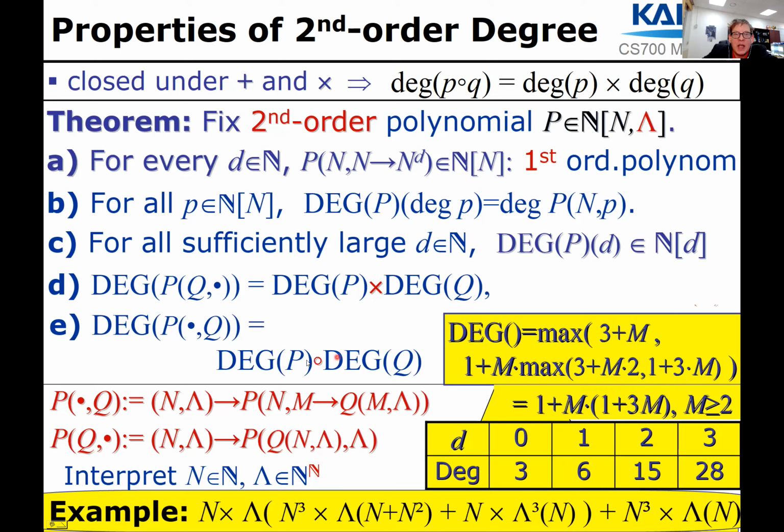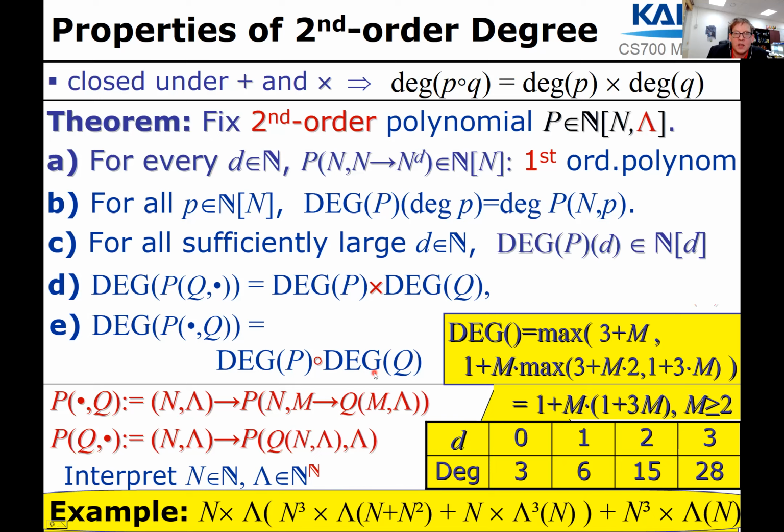Then the degree actually becomes not the product of the original degrees, but the composition of the degrees, which is kind of surprising. But let me remind you that the second order degrees are first order polynomials, and we know what it means to compose first order polynomials, and this is exactly what is meant here. So this kind of composition results in the product of the original degrees as first order polynomials, and this kind of composition results in the composition of the degrees considered as first order polynomials.